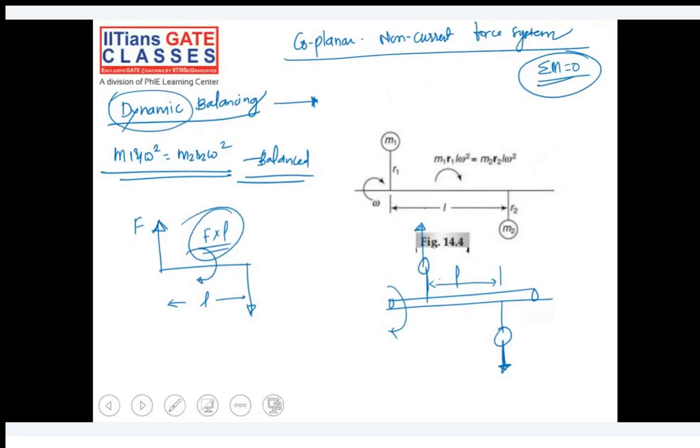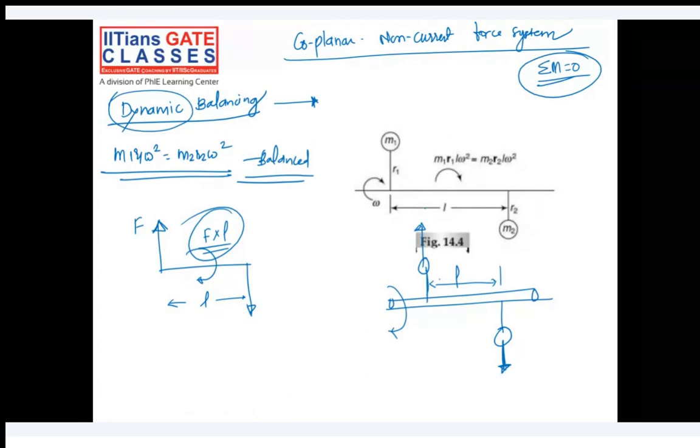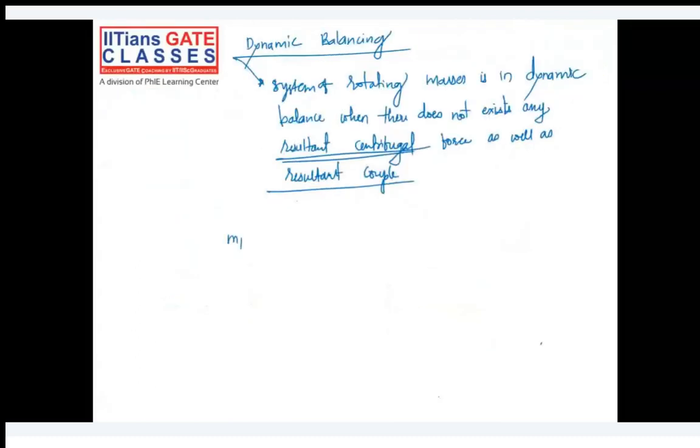You can clearly see here m1 r1 l omega square plus m2 r2 l omega square, both are the same in this case, but l is the distance between them. So m1 r1 omega square into l is your unbalanced couple or the resultant couple.